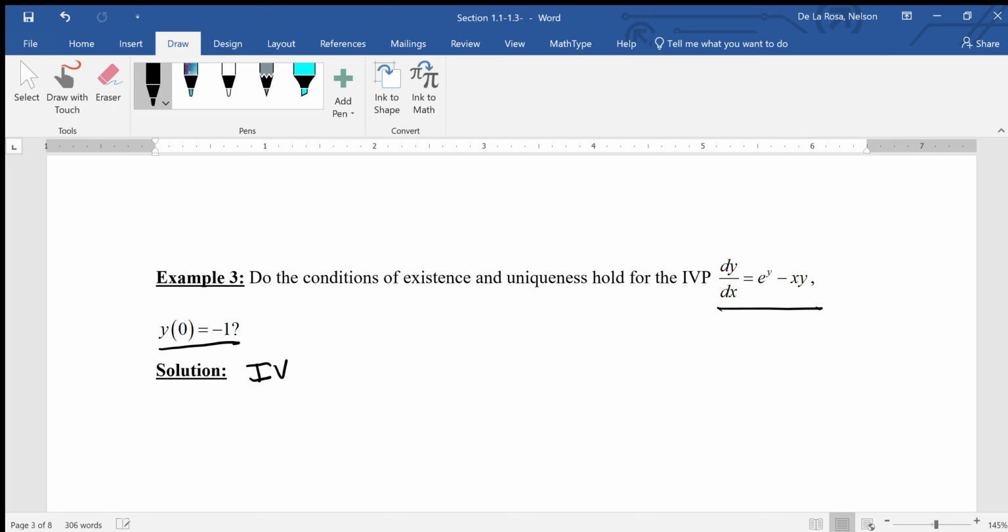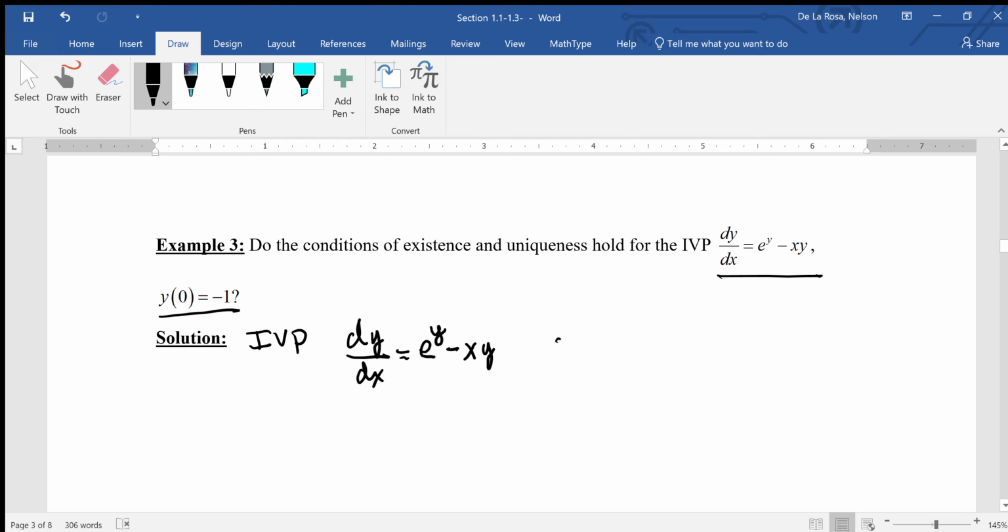Remember, an initial value problem is given by a differential equation, which is this, and a condition. The condition is y at 0 is -1, and this condition is equivalent to the point (0, -1), right? It's the same thing.